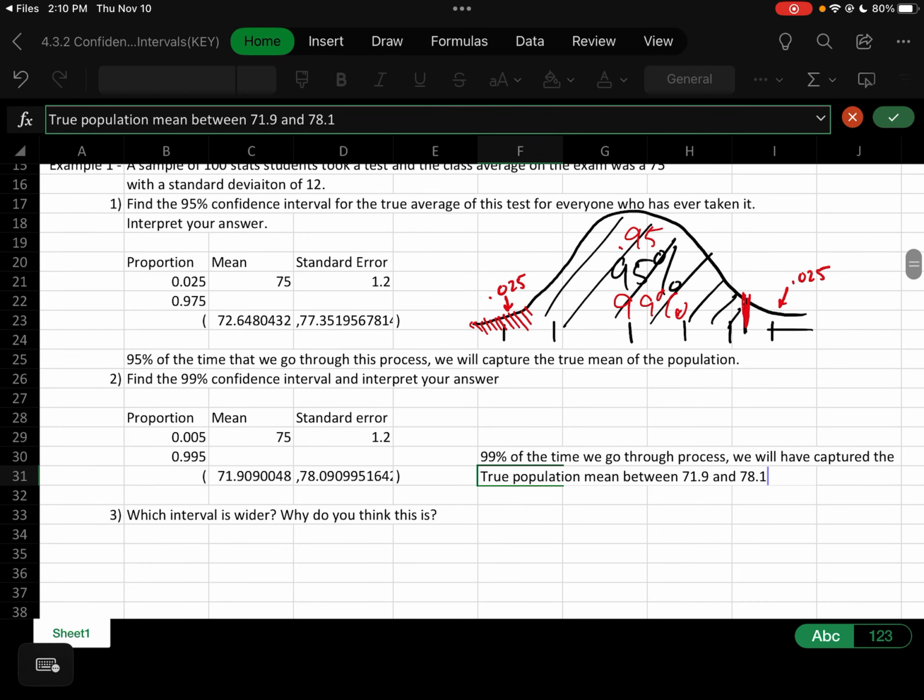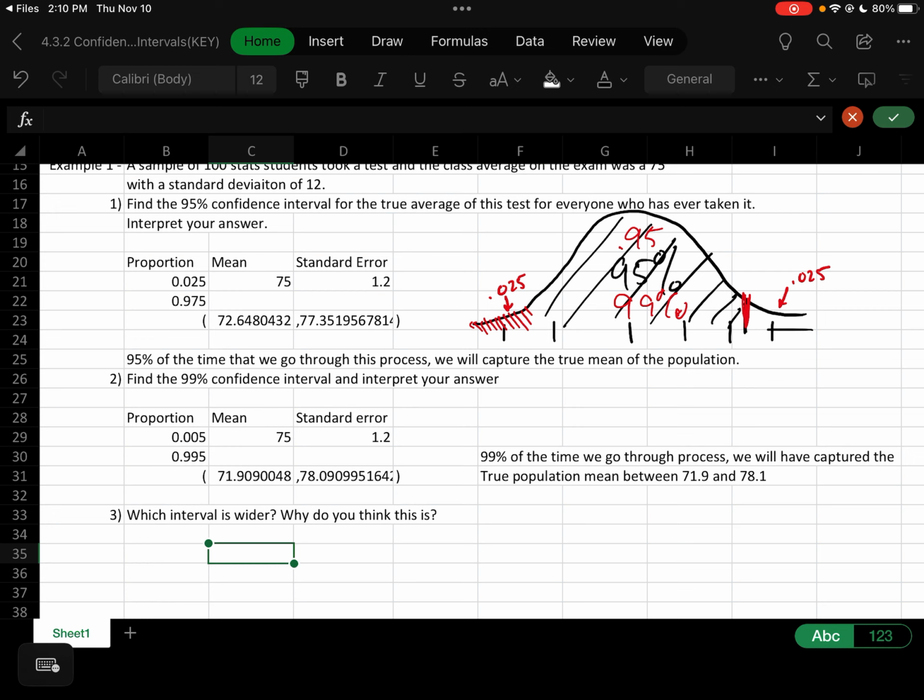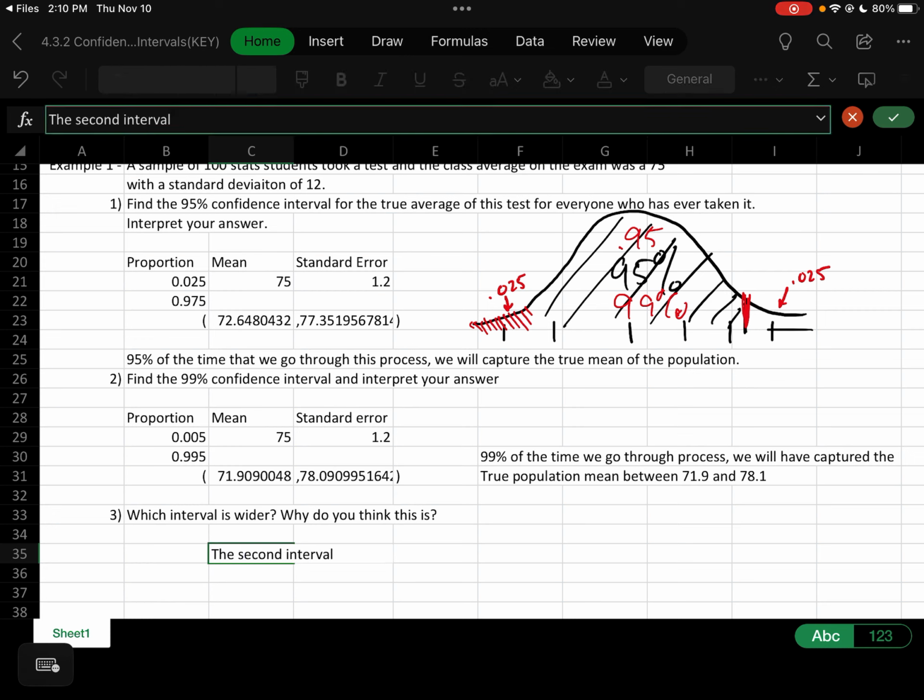So which interval is wider, and why do we think this is? Well, it looks like the second interval is wider. Why do you think this is? Think about it. If I'm more confident that I have captured the mean, if I do this process 100 times and I'm only not going to capture the mean once, don't I need to make my interval a little bit wider so that I'm more confident that I've captured it? Nothing else about this problem has changed. The population mean is the population mean, and I captured it or I didn't.